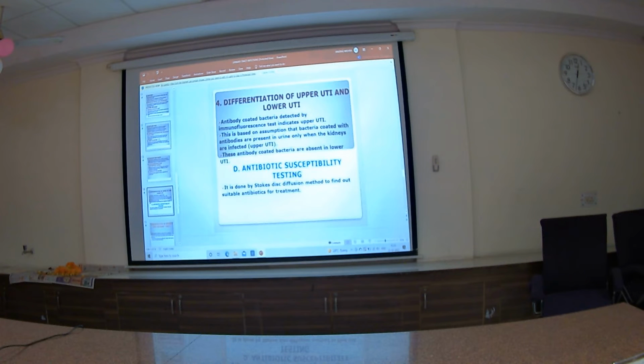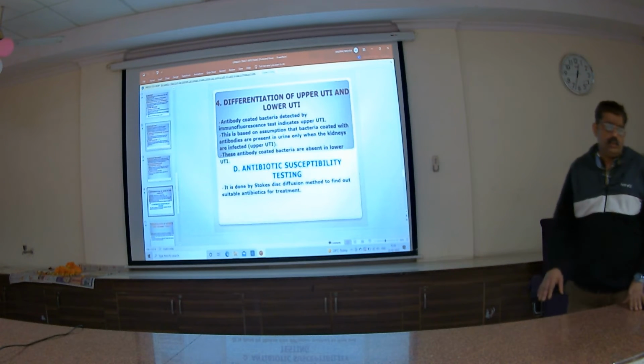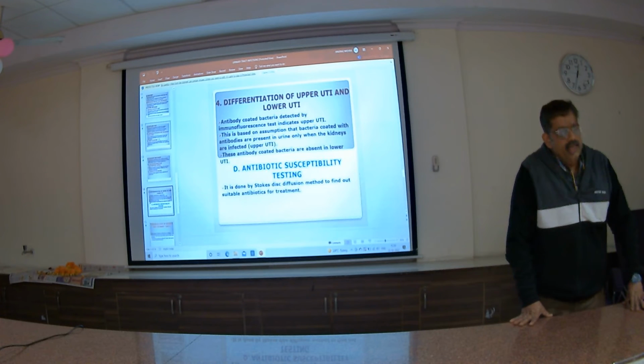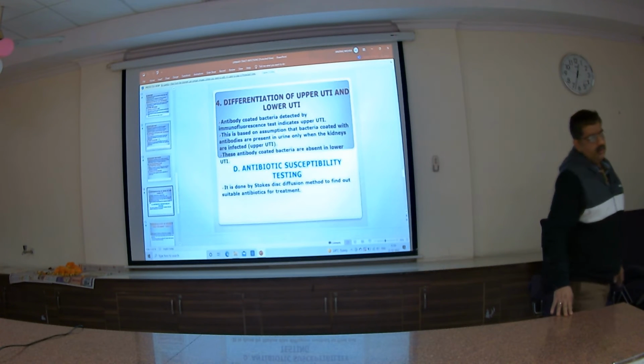This theory propagates that the bacteria coated with antibodies are present in urine only when the kidneys are infected, which gives a picture of upper UTI. And these antibody coated bacteria are absent in case of lower UTI.